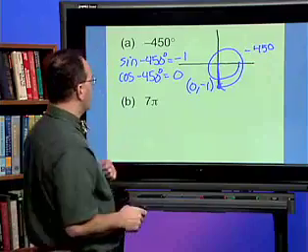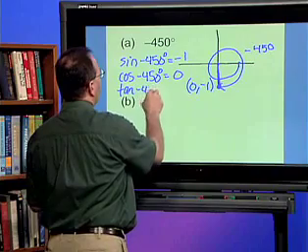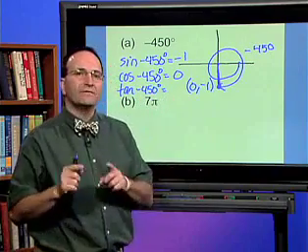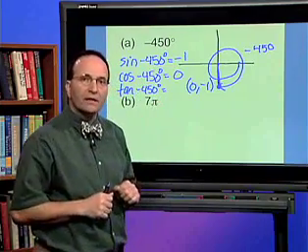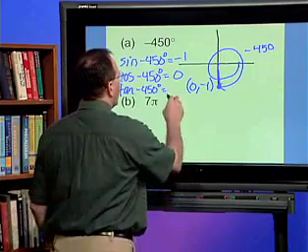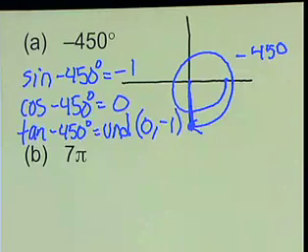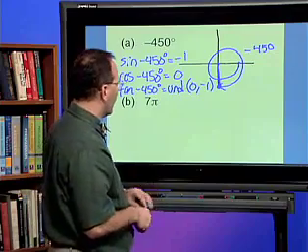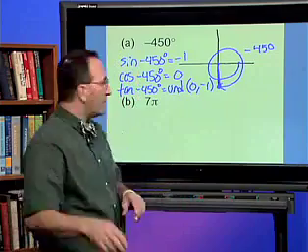What about the tangent? The tangent of negative 450 is y divided by x. In that case, it's going to be negative 1 divided by 0, which we can't do, and that's where we put undefined. So those are our three answers for sine, cosine, and tangent of negative 450: negative 1, 0, and undefined.